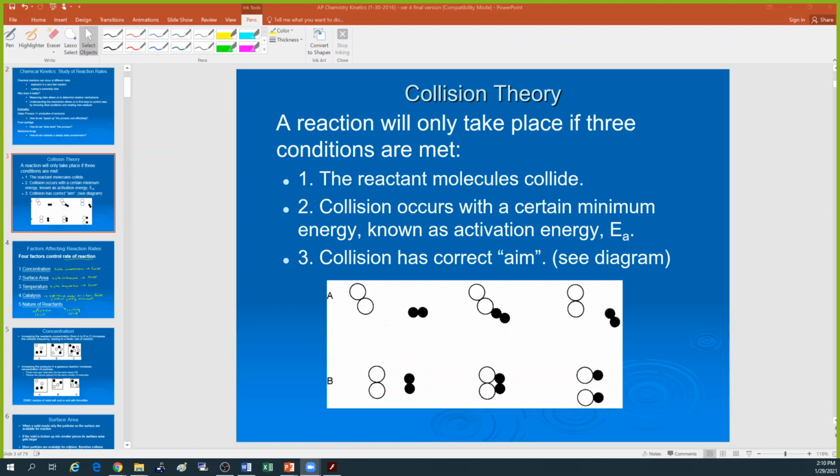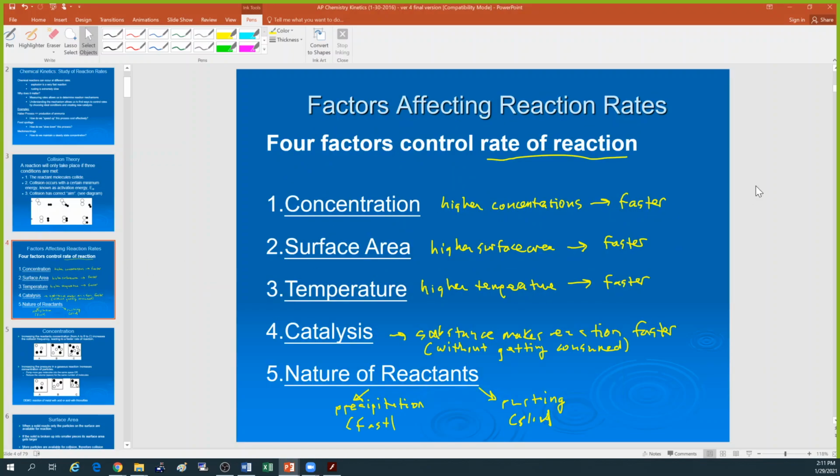So when you put all those pieces together, what you get is how the things we just talked about make sense. Because point number one has to do with collision frequency, right? If you look at concentration, the reason why a higher concentration makes the reaction faster is because you're increasing the rate of collisions.